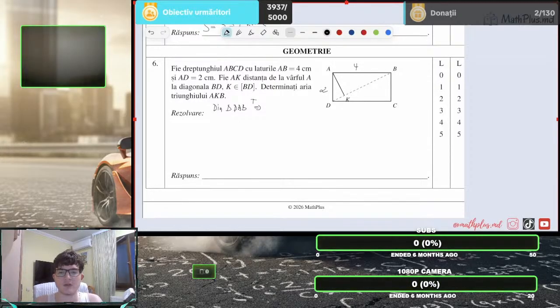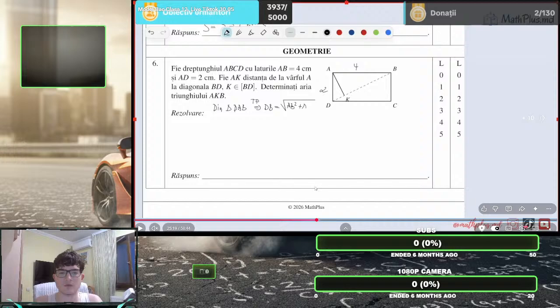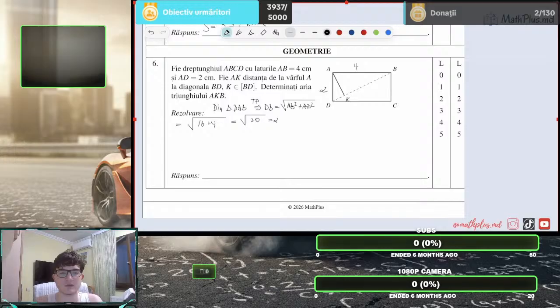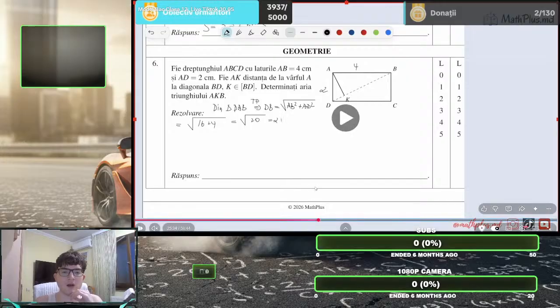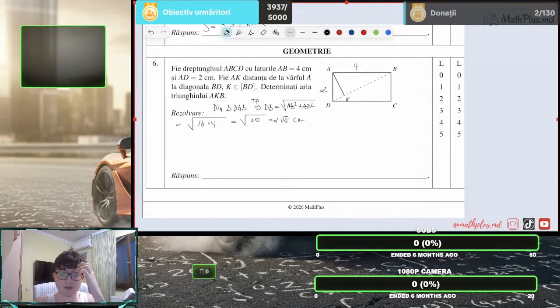Essentially, DB squared is going to be 4 plus 16, so it's going to be the square root of 20. Square root of 20 is 2 square root of 5 centimeters. So we got that. That is 2 square root of 5 centimeters.